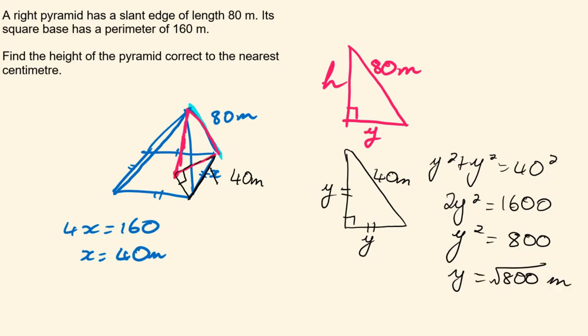Then we're going to go up and do this triangle. h squared plus y squared equals 80 squared.